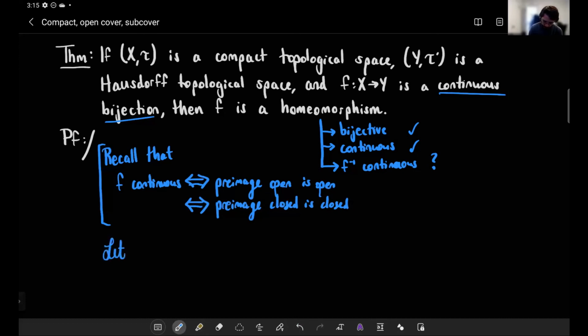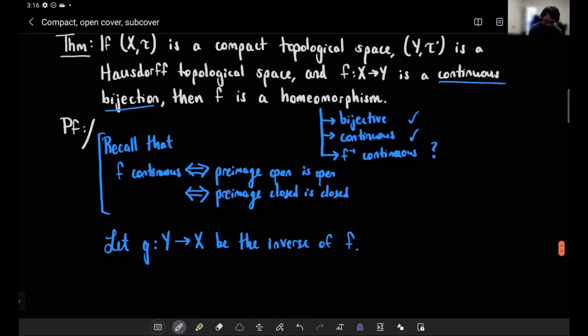Let's write it like that. Instead of writing f inverse, let's call it g for the time being, just so I don't get confused between preimage and inverse and all of that. So let g from Y to X be the inverse function of f.